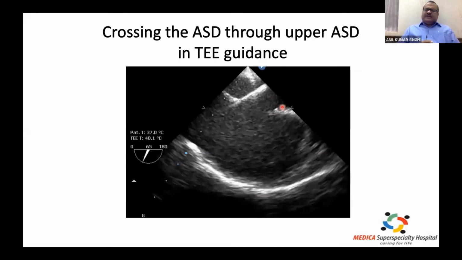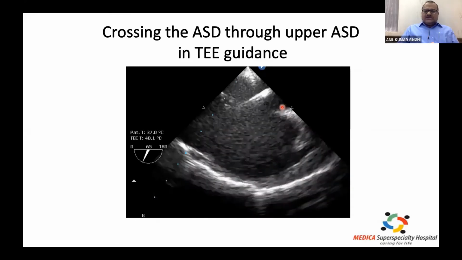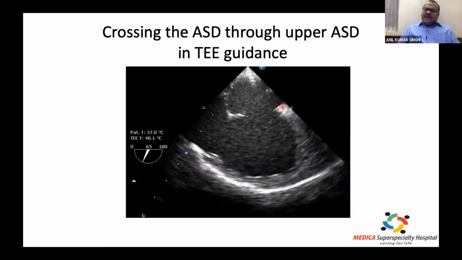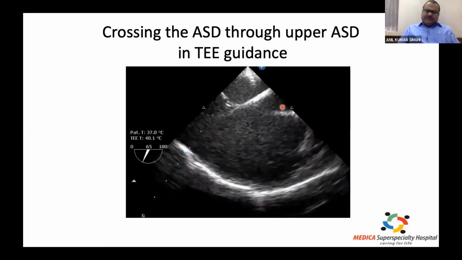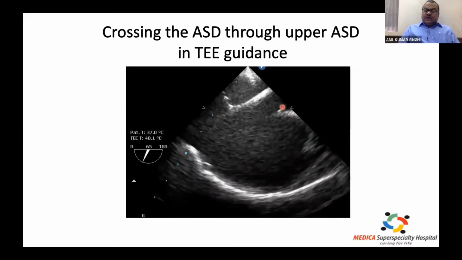So we decided, because it is a floppy tissue, which will allow us to put a big device in the superior hole, and thereby we'll be able to push the septum more inferiorly, and it will be possible to close the defect.